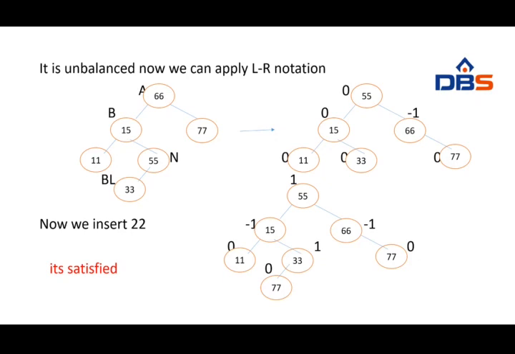Now N is the root node, B is the left, and A is the right, that is 55. The left child is 15, the right child is 66, and the right child of 66 is 77. And 15 has 11 on the left and 33 on the right. Now we check the balance factors. 11, 33 and 77 are leaves, so 0. 15 is 1 minus 1, 0. 66 is 0 minus 1. And 55 is 2 minus 2, 0. Now we insert 22.